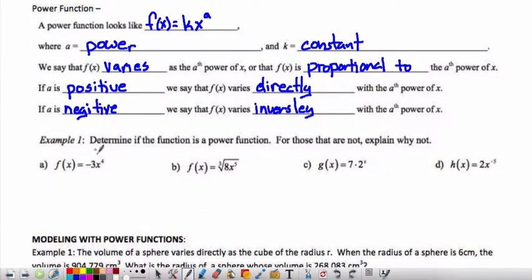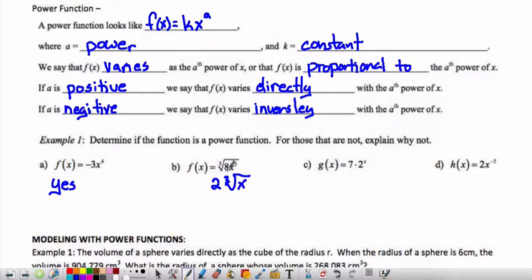Okay, so here we go. We have a constant. We have a variable x being raised to a power. So yes, this is a power function. Okay, how about this one? Well, the way it is presented to us right now does not look like a power function, but I can simplify this because I can take the third root of 8, which would be 2. Sorry, I'm saying power, but I mean to say the third root.